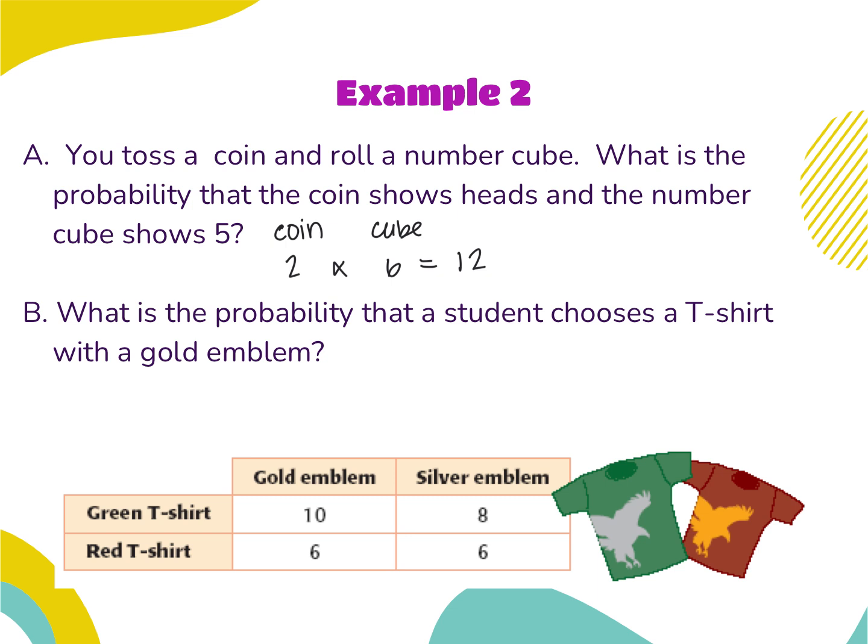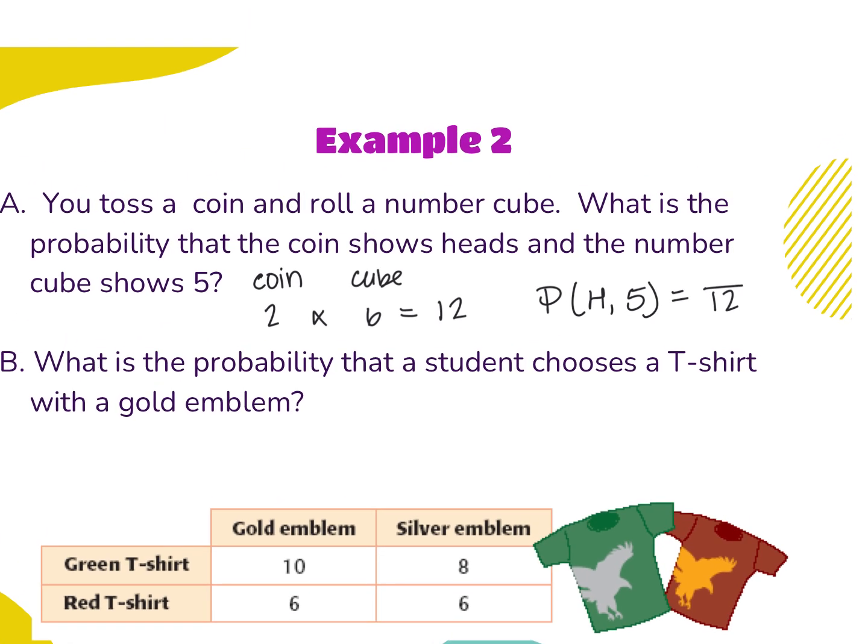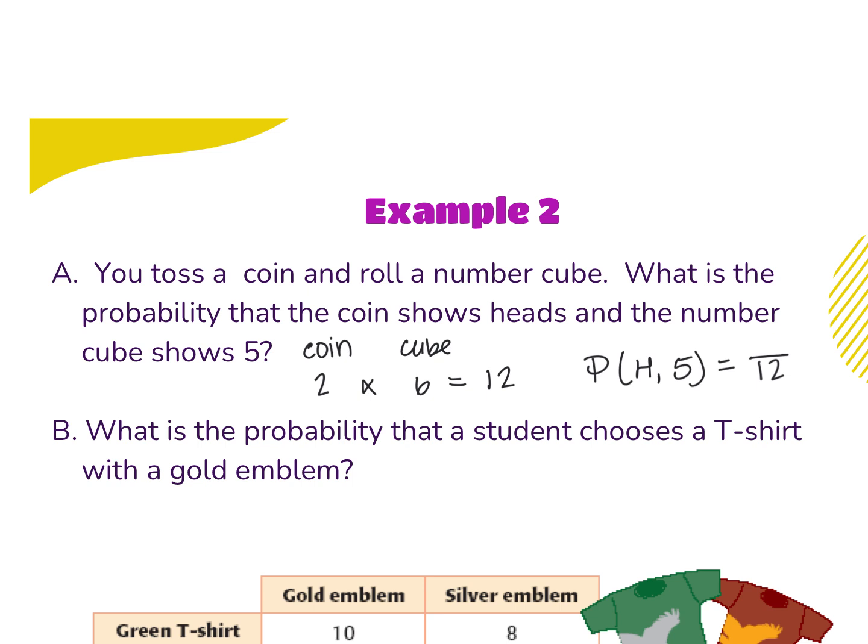So right now, what am I looking for? I'm looking for the probability of it landing on heads and a 5. I'm going to have 12 as my total. And then out of my sample, how many could be heads with a 5? So again, I'm going to write it even though we kind of know.